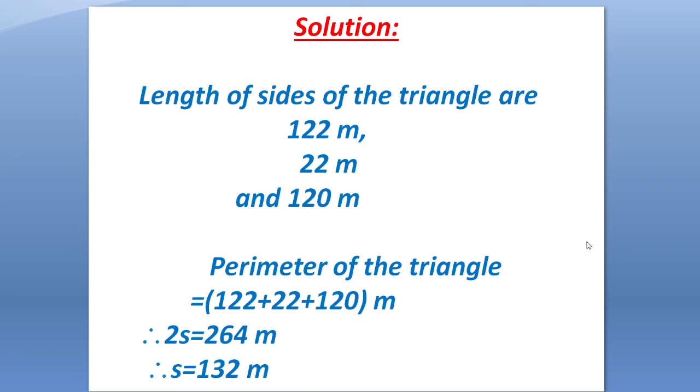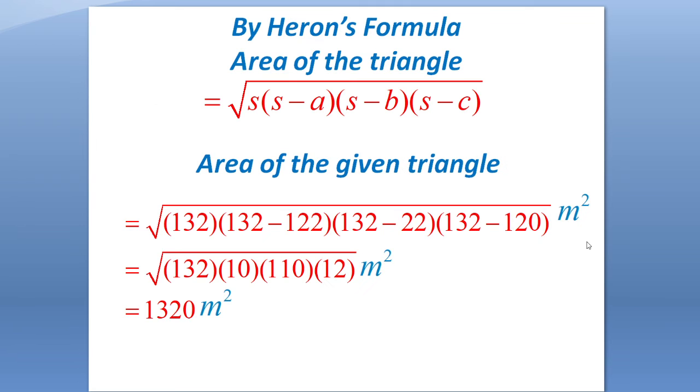Therefore S is equal to 132 meter. So by Heron's formula, the area of the triangle is under root S into S minus A into S minus B into S minus C. So under root 132 into 132 minus 122 into 132 minus 22 into 132 minus 120.